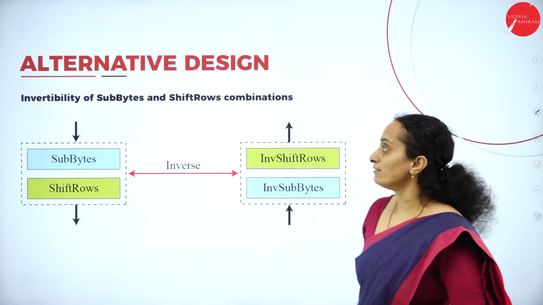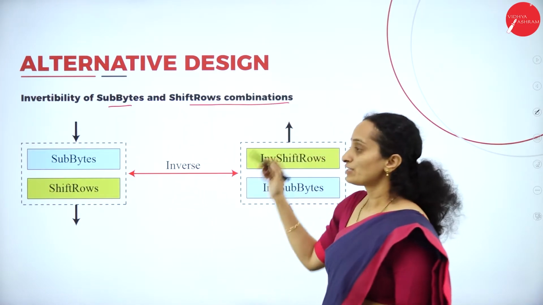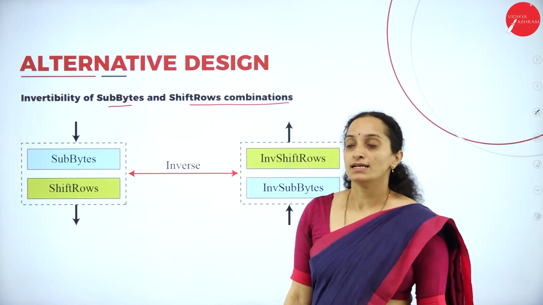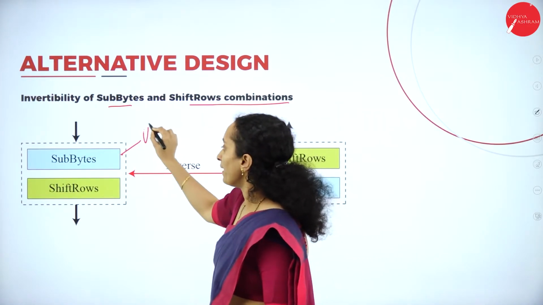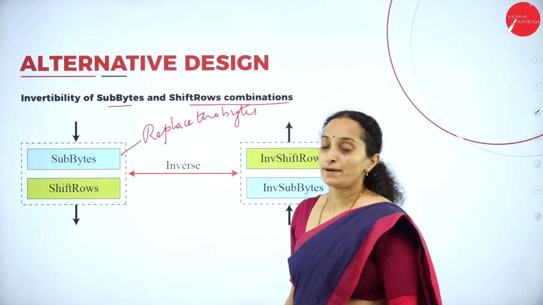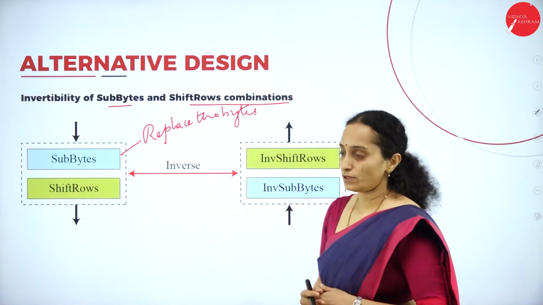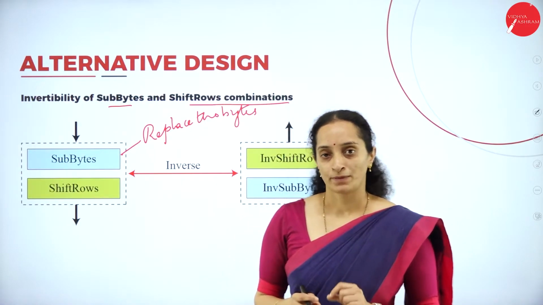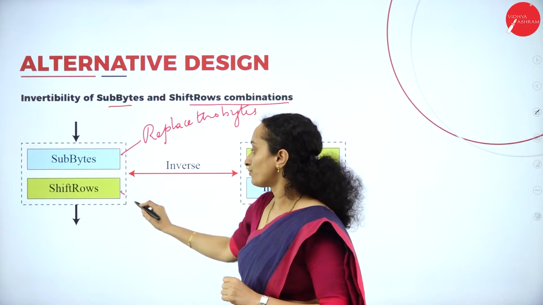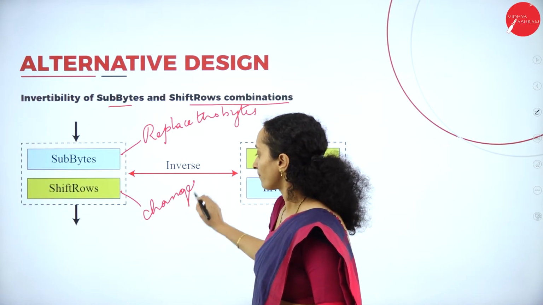Here we have the invertibility of the SubBytes and ShiftRows combination. SubBytes replaces or substitutes the normal data in the block, and ShiftRows changes the position.